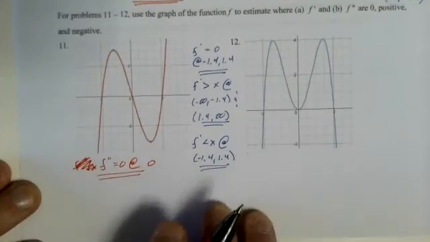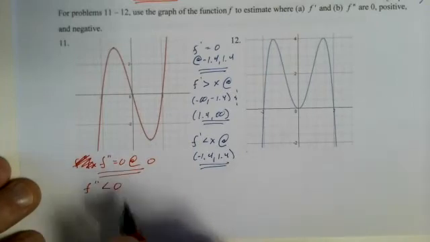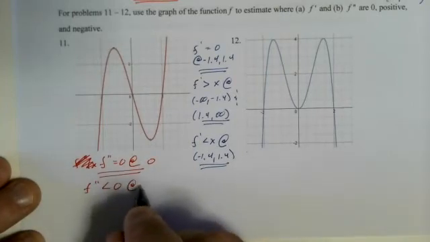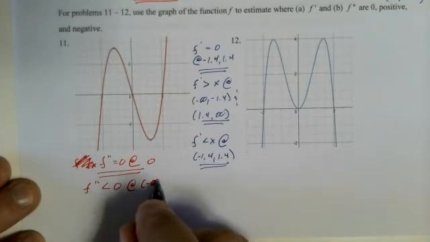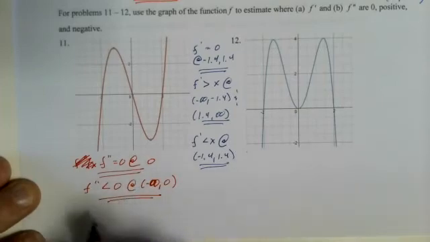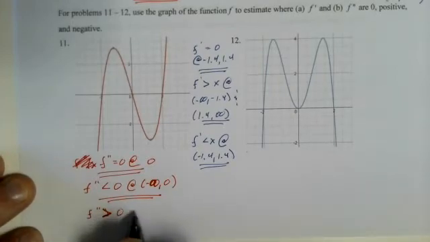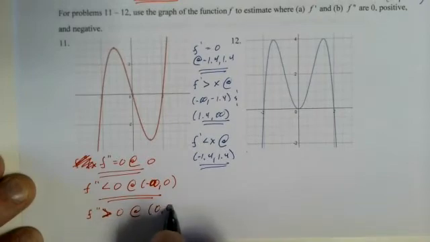My apologies, but just keeping it simple. f double prime is less than 0, concave down, on -infinity to 0. f double prime is greater than 0 on 0 to infinity.